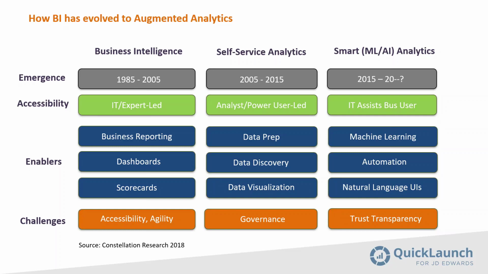But the reality of this phase was that the tools remained largely inaccessible to the broader enterprise, which meant if business users had a question, they had to wait a long time in order to get answers. So by the late 2000s, this all started to shift to more of a self-service BI approach, which enabled power users and data analysts to start connecting and preparing data, as well as doing the data discovery and visualization.